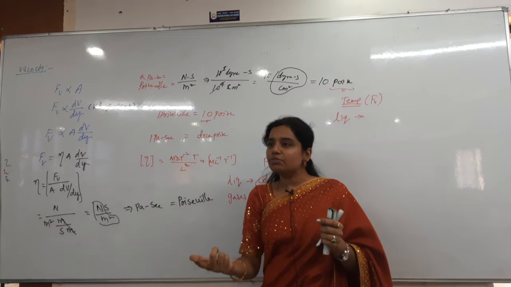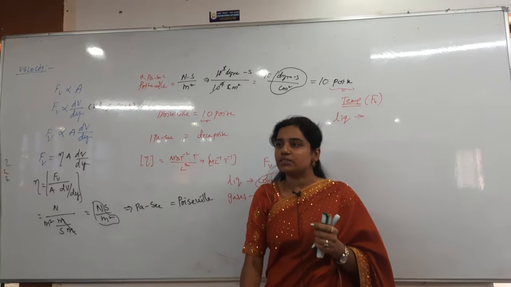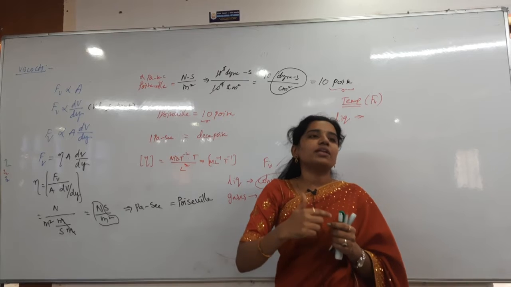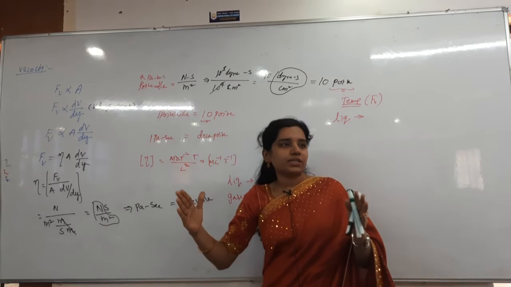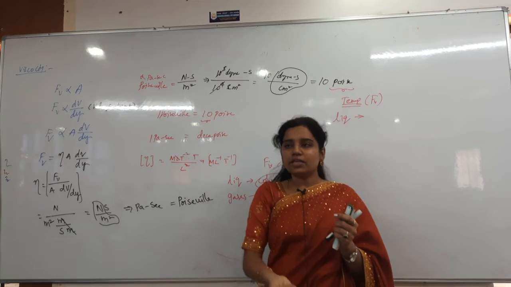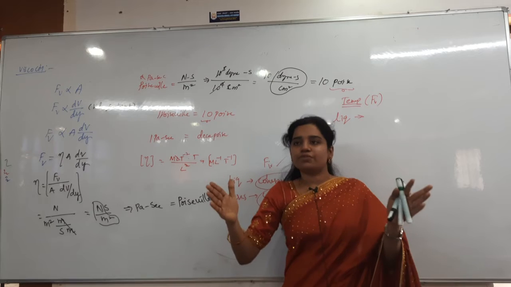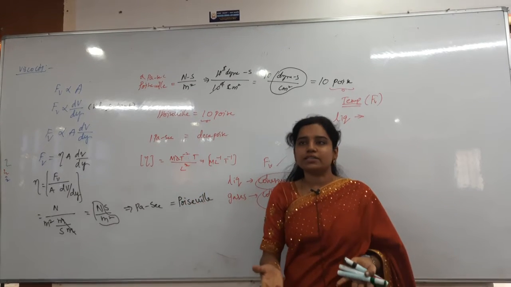Distance increasing means the cohesive force, the attraction force, decreases. When two molecules are near each other, they have more force of attraction. When they move away, they have less. By raising the temperature, they move away from each other, and the attraction decreases.